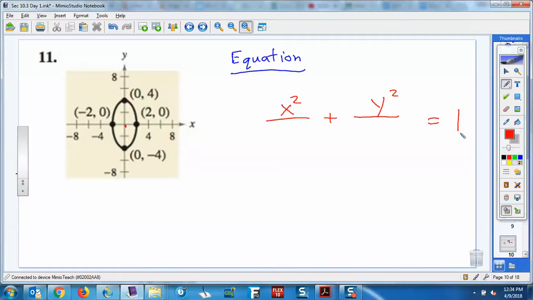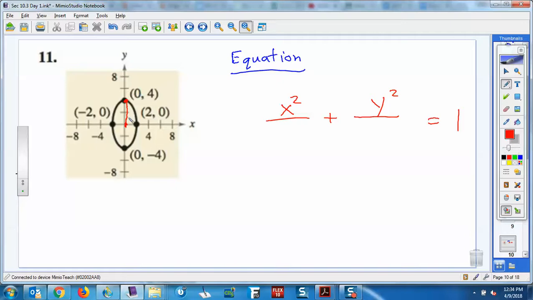Then it's just a matter of what's A and what's B, and which one does it go under? So what is A? Well, okay, I know what you're thinking, but think of what my question was. What is A? A is 4. The A is the longer one, and so that would be that right there. That would be 4. So which one does it go under?